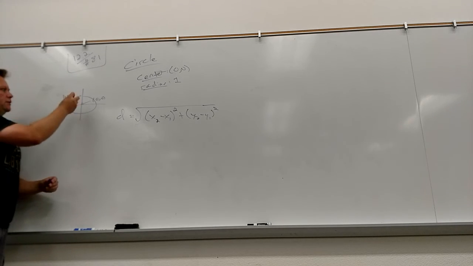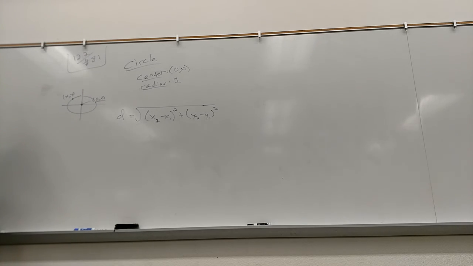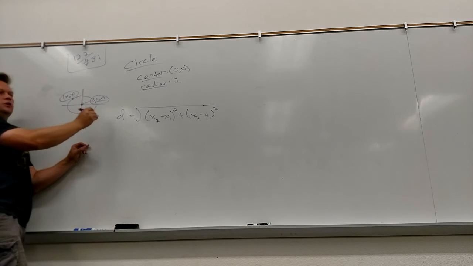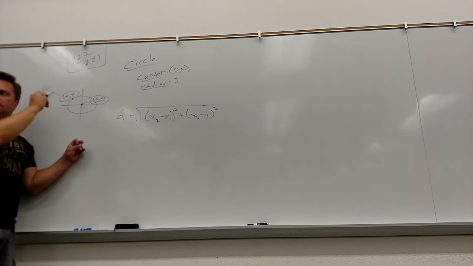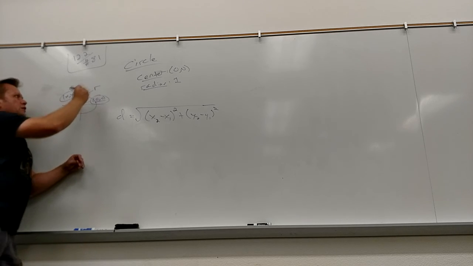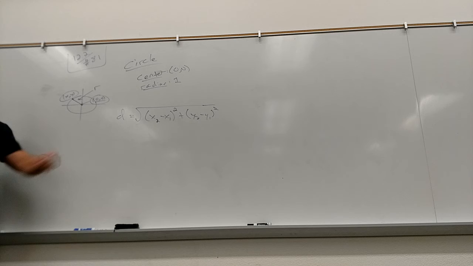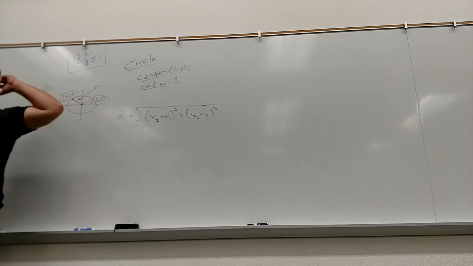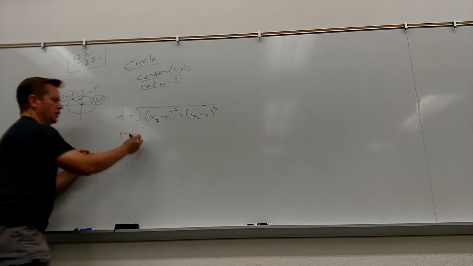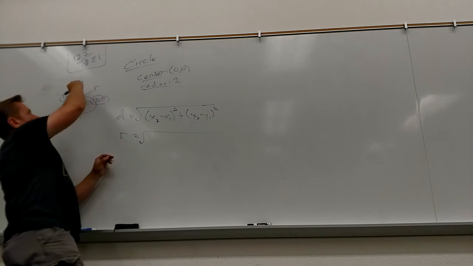It's got to be the same distance away from 0, 0, no matter which point I pick. So the distance from xy to 0, 0 has to be the same. Let's call that distance r, because we know the distance is the radius. I want that to always be true when I go from one point to the other.